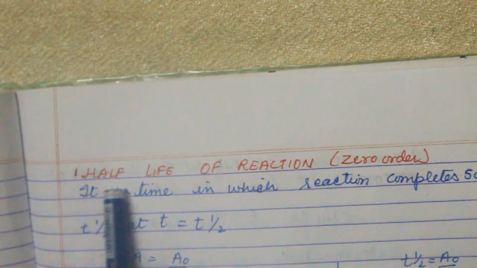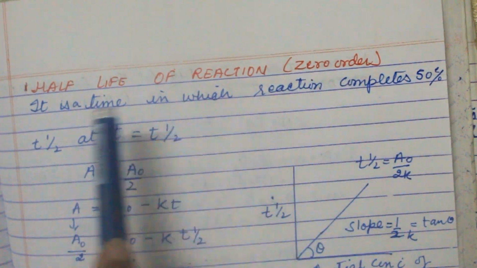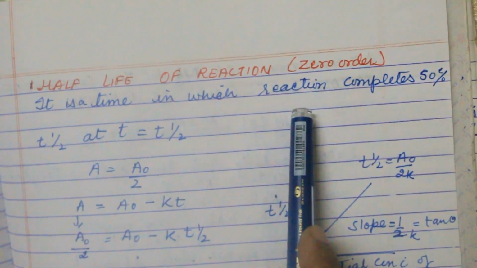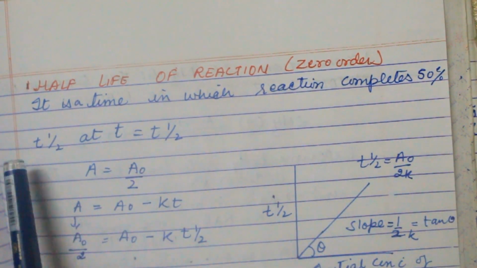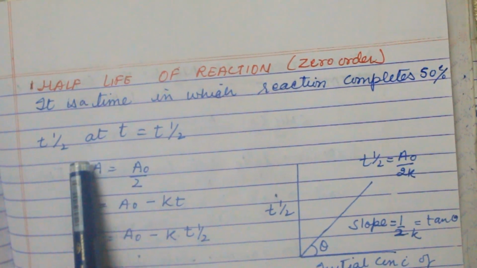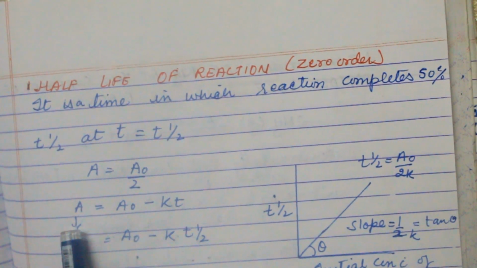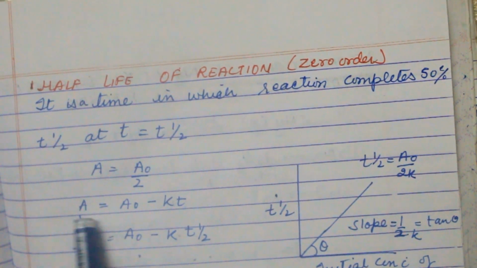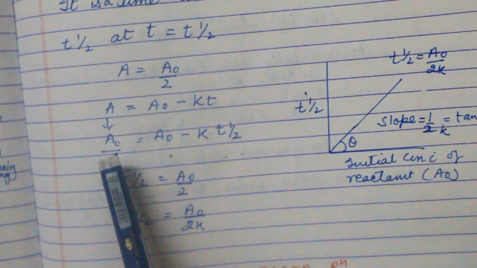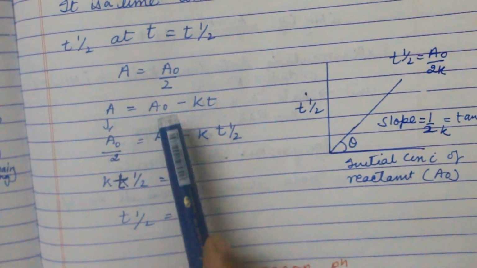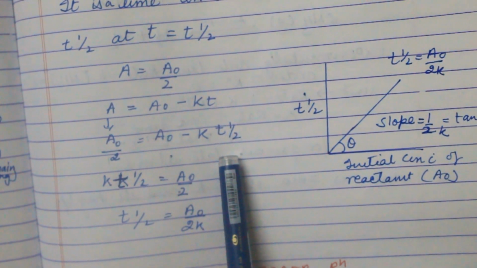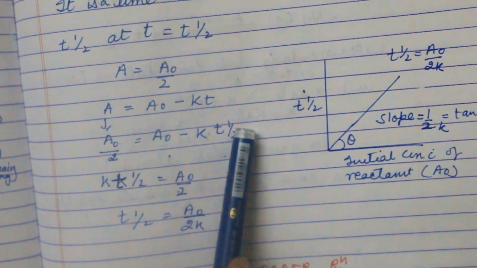Next is the half-life of a zero order reaction. Half-life is the time in which the reaction is 50% complete, that is t half. At t half, the concentration also becomes half. So in this expression, A is A naught upon 2, equal to A naught minus k t half.